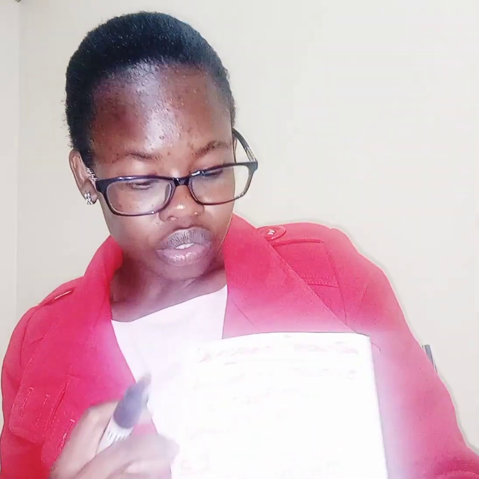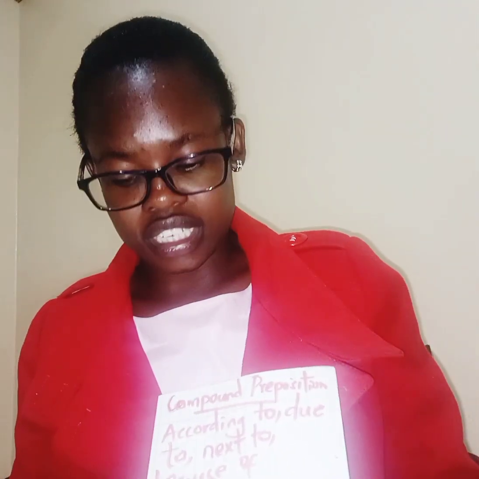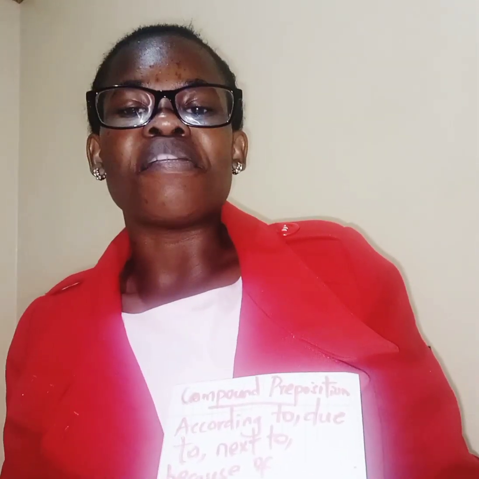Apart from that, we also have compound prepositions. Compound prepositions are made up of two words. For example, according to, close to, next to, because of, etc. We definitely have more examples.